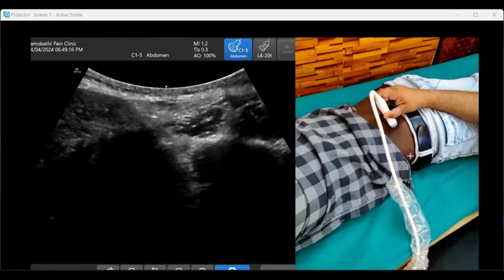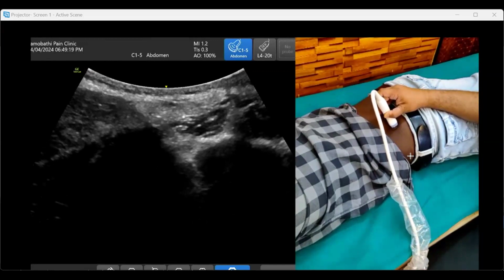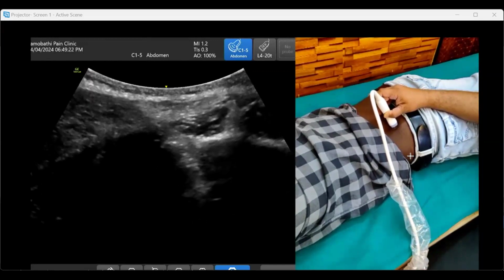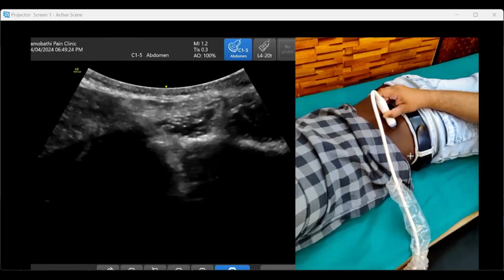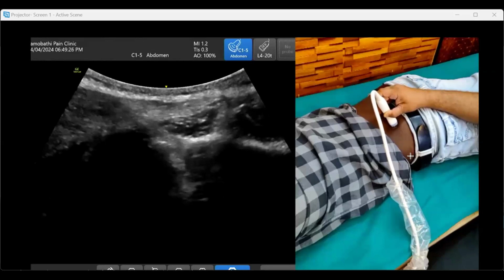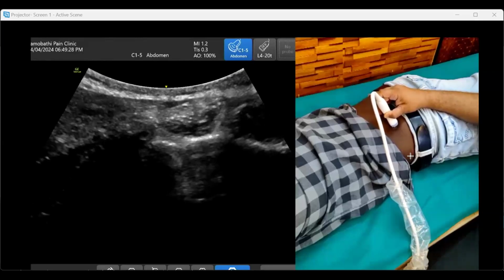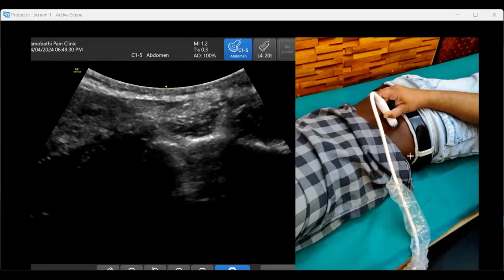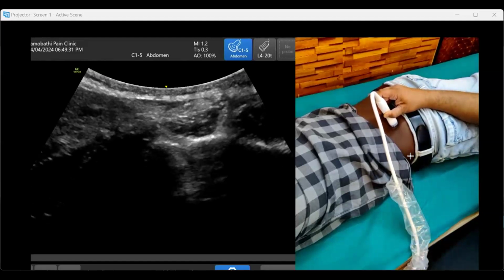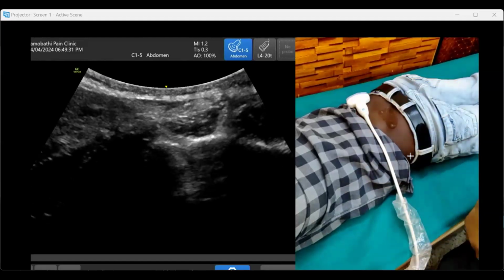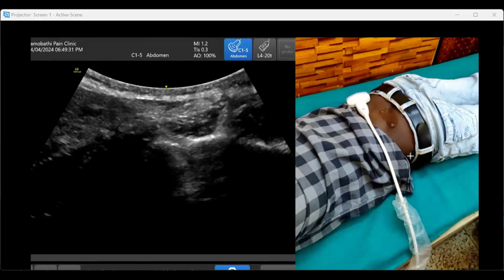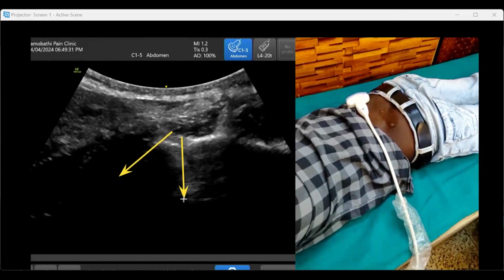I am stopping at this area because this is a very good area to show. You are able to see two areas where the echoes are going in, one along this direction and one along this direction.